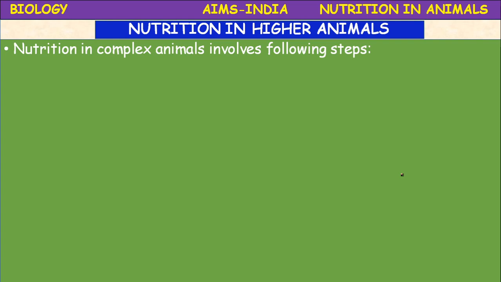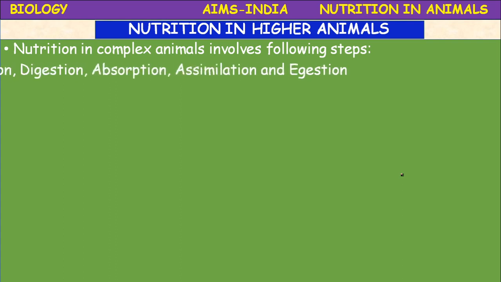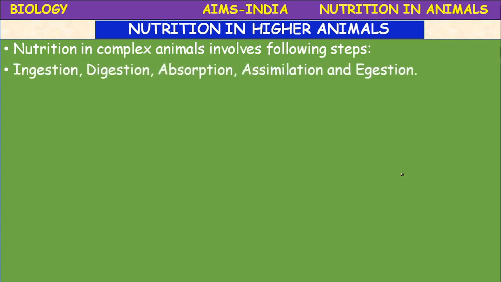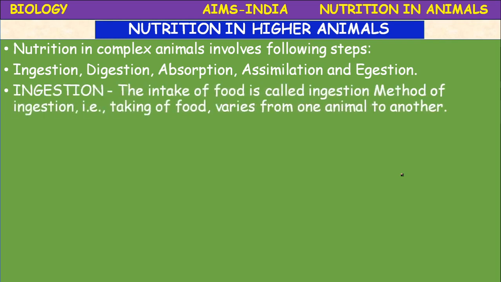Nutrition in complex animals or in higher animals involves several steps, which include 5 major steps. They are ingestion, digestion, absorption, assimilation, and egestion. Egestion is also called defecation. First, ingestion. Let us study one by one.